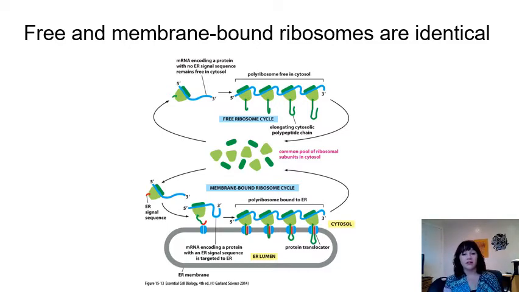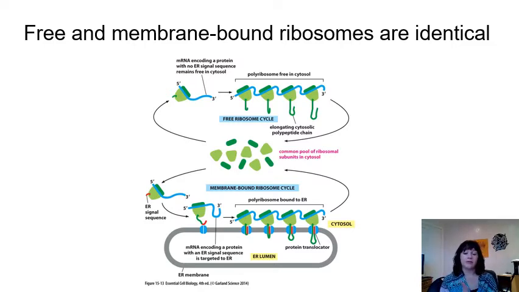So interestingly, ribosomes, whether they are found in the cytosol or on the surface of the endoplasmic reticulum, are identical, and they can actually move about the cell, sometimes attached to the ER and sometimes free-floating. And so when a ribosome interacts with a messenger RNA, the messenger RNA really tells the ribosome where to go.